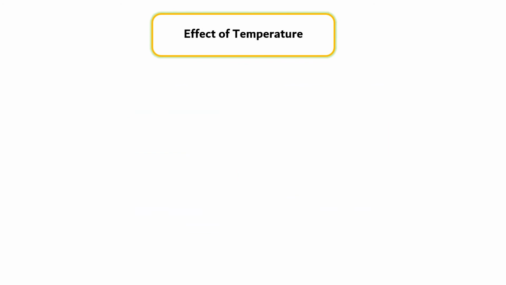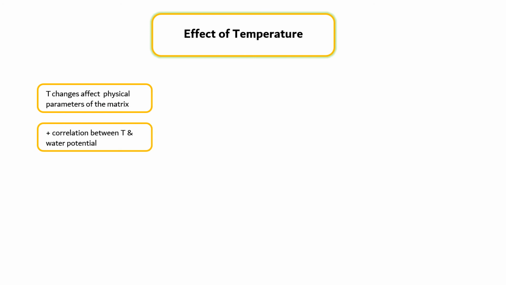Effect of temperature on the heat and moisture content in a solid matrix. Essentially, temperature changes affect the physical parameters of the matrix. It has been reported that there is a positive correlation between the temperature and the matrix water potential according to capillary theory. The water suction of the porous matrix decreases with increased temperature, and there is improved water potential and water energy.